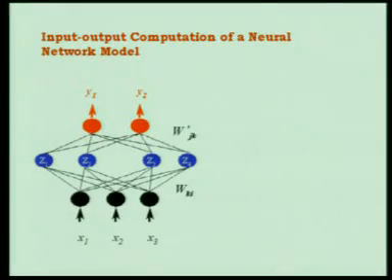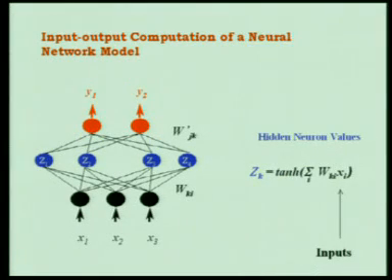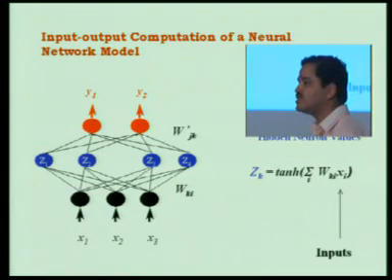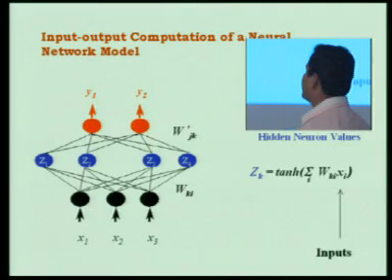To give you a brief idea of what a neural network is: although in a biological neural network the neurons are placed in a haphazard manner, in an artificial neural network the neurons are placed in the form of layers, and each layer contains a specific number of neurons. The computation starts from the input layer and goes layer by layer, and you find the output.